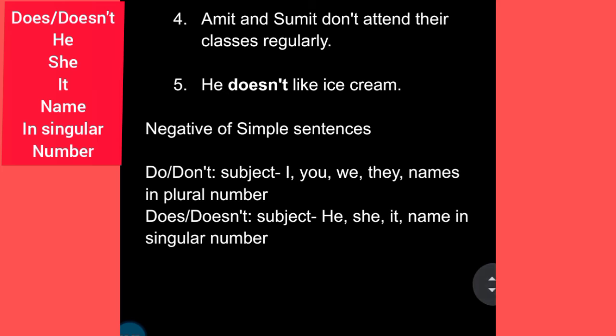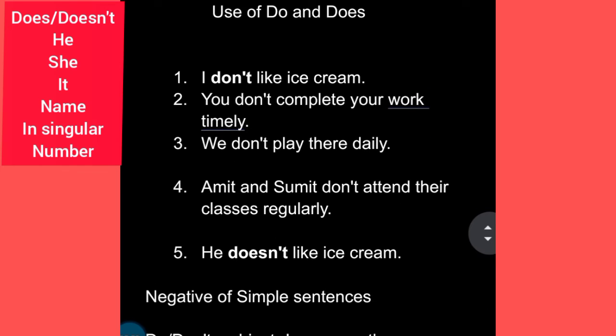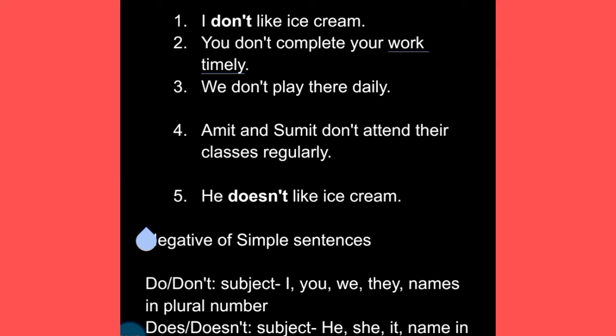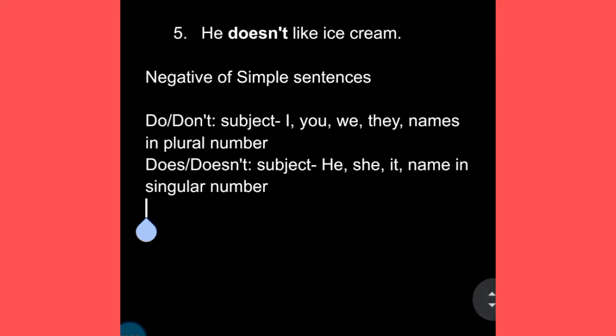So if you can see here, the subject is he. In this sentence number 5, the subject is he, and although sentence number 1 and sentence number 2 are the same, the only difference lies in the subject. In sentence number 1, the subject is I, therefore we are using don't, whereas in sentence number 5, the subject is he, and therefore we are using doesn't. So this rule has to be remembered.